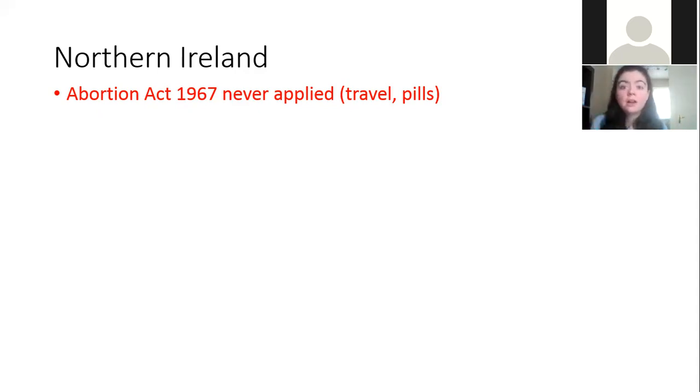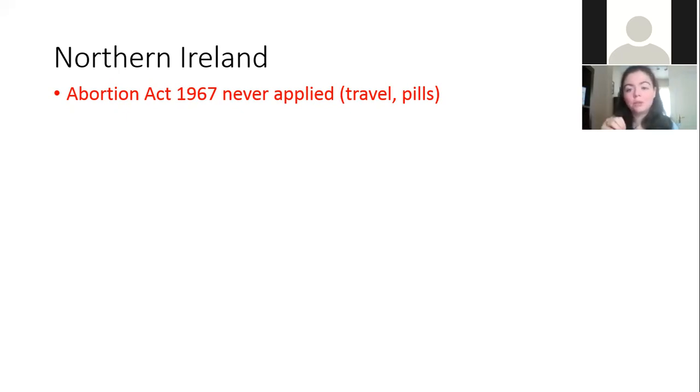Or if they weren't travelling, what they would do is buy pills on the internet. Again, whether or not they're safe, if they're not regulated, how do we know how safe and effective they actually are? But even at that, it's illegal. Remember, to procure your own abortion or for somebody else, that is illegal under the 1861 Act.